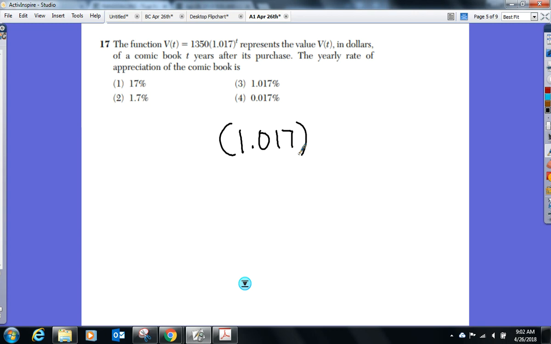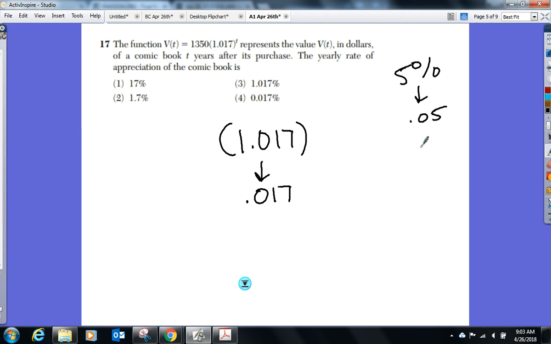Like Emma just said, I get rid of the 1, and now I'm down to 0.017. Hey, everybody, that's the percent as a decimal. That's not my percent. And that's why they threw that up there as number 4 to fall in the trap. That is whatever the percent is as a decimal. Hey, quick question. If I have 5%, what's the decimal?